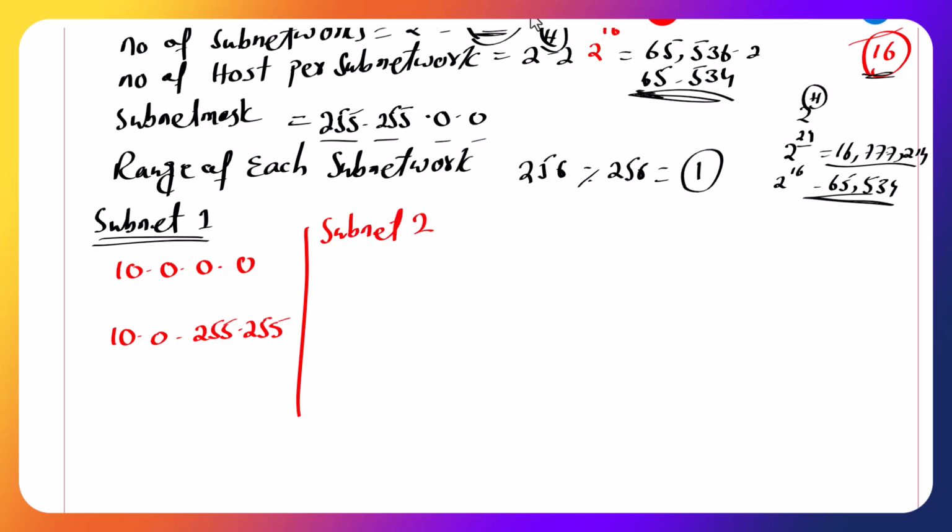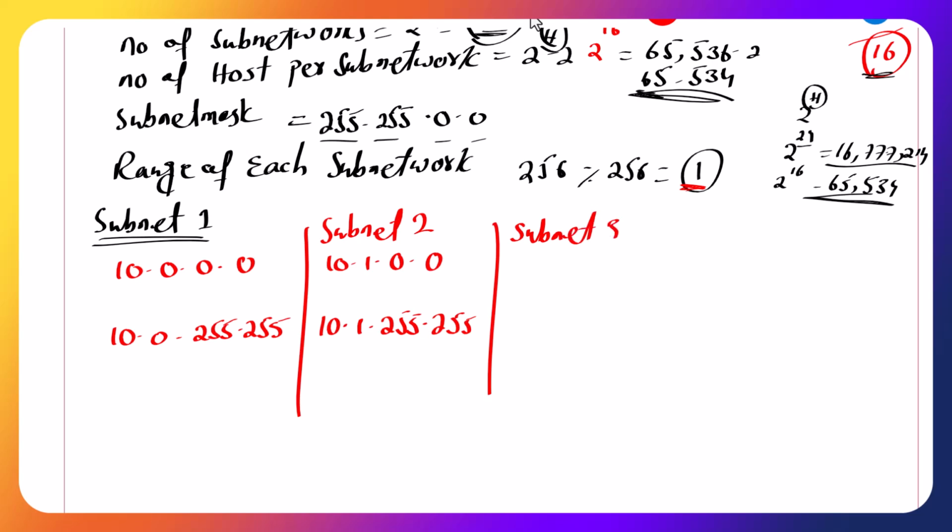Subnet 2, 10.1.0.0, 10.1.255.255. See, 0 is a network, 1 is a network, because the increment is 1. Start from 0, it is on 0. Start from 1, it is on 1.